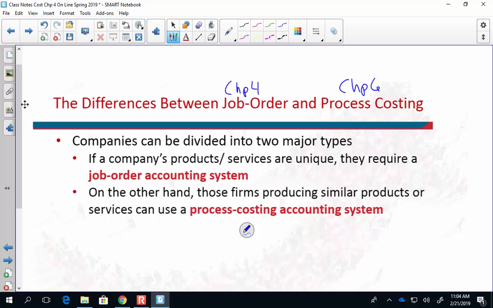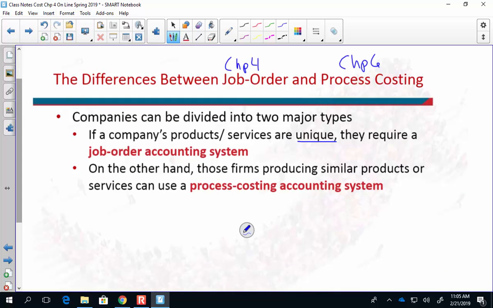So what type of company uses process costing? Well, it depends on the company. If you have companies that have unique, one-of-a-kind products, like Washburn Guitars, then they're going to be more inclined to use a job order system, as opposed to those Procter & Gamble's, Johnson & Johnson, the very large companies that make one thing millions of times. They're going to use a process costing accounting system.